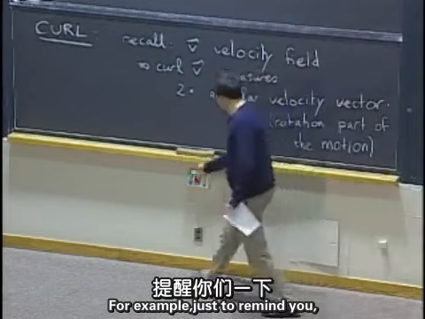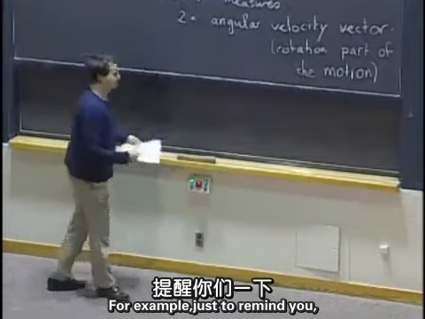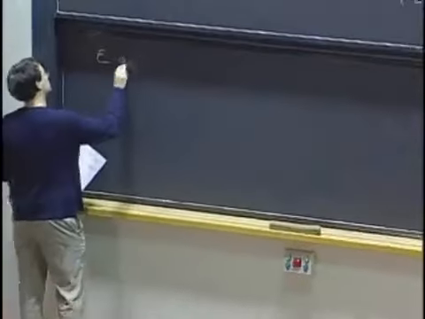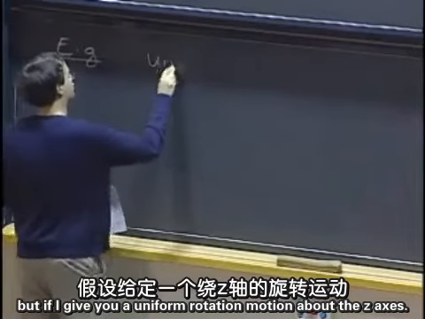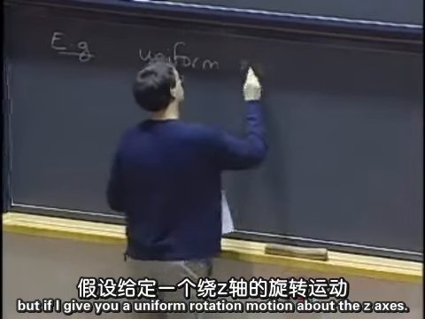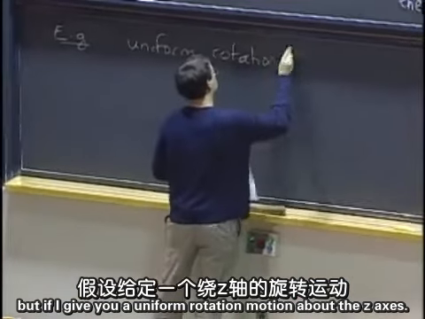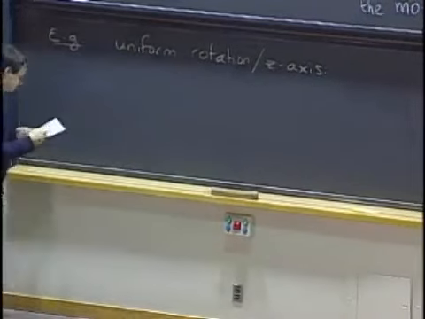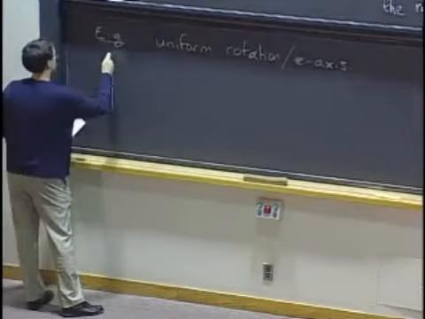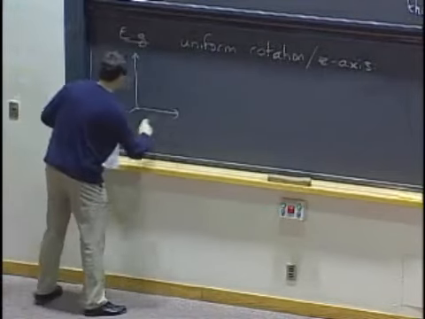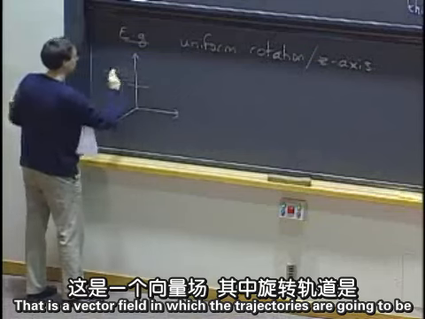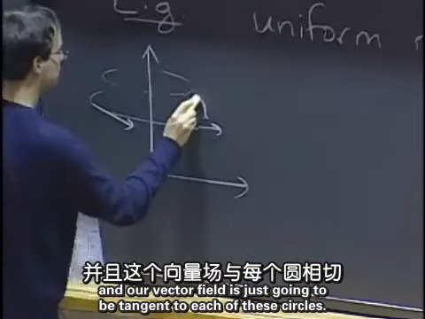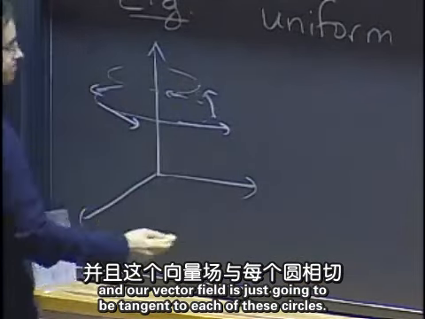So, for example, just to remind you, we've seen this guy a couple of times, if I give you a uniform rotation motion about the z-axis, that's a vector field in which the trajectories are going to be circles centered on the z-axis, and our vector field is just going to be tangent to each of these circles.